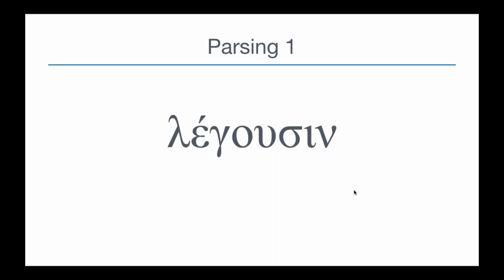It has the third plural, the very last one. Third person plural. Okay. Now, you don't know this, but the word lego means I say or I speak. Okay. So, how would you translate this? They are speaking. Good. They speak.